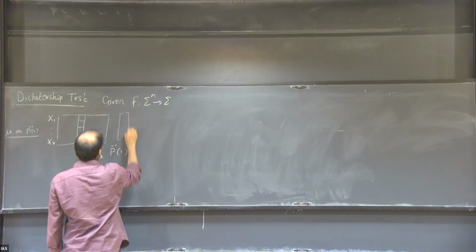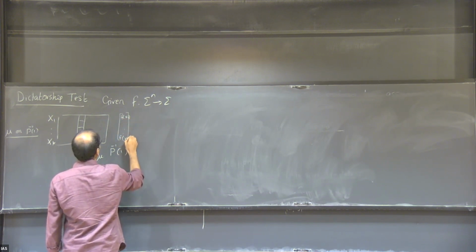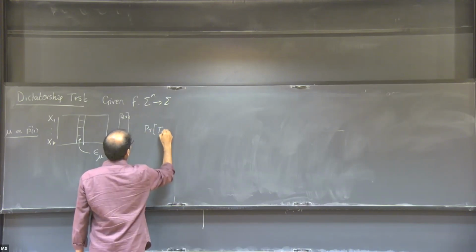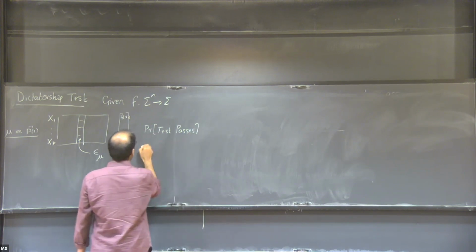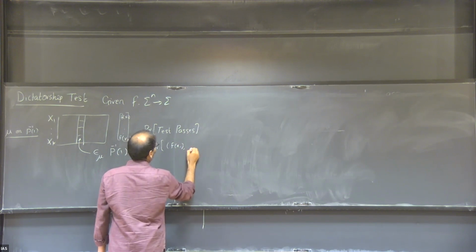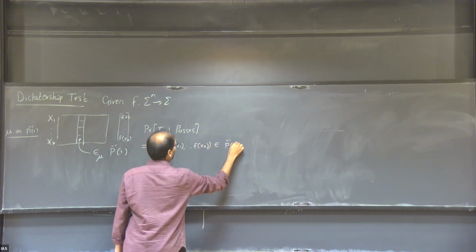Look at the output, f of x1 up to f of xk. The probability that the test passes is the probability that this output is also a satisfying assignment.